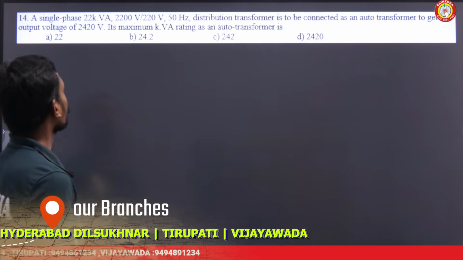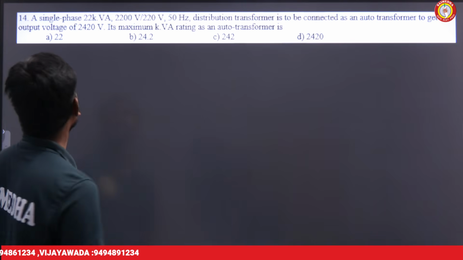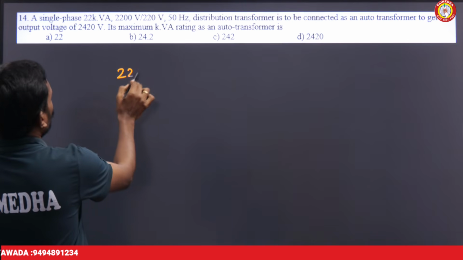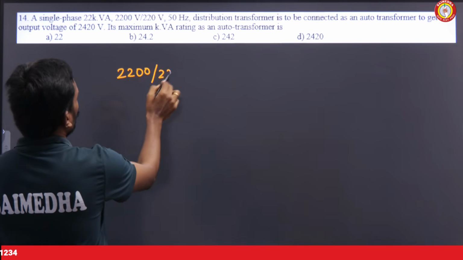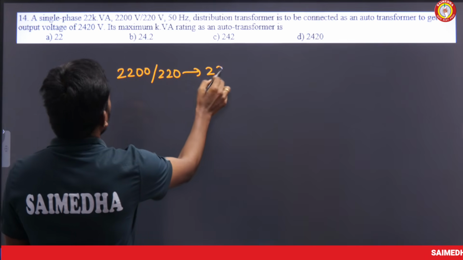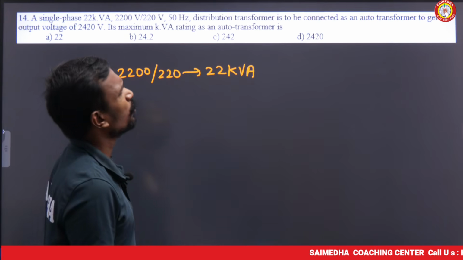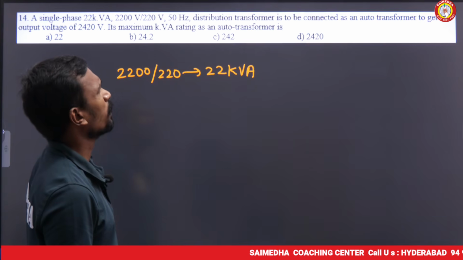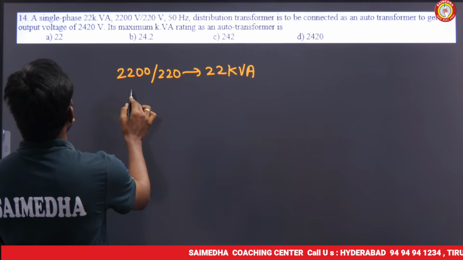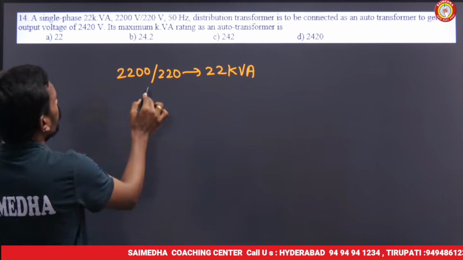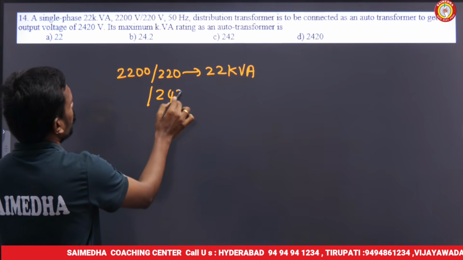Already repeated, sir. Next, see this question. A single phase 2200 by 220 volts 22 kVA distribution transformer is to be connected as an auto transformer to get an output voltage of 2420.